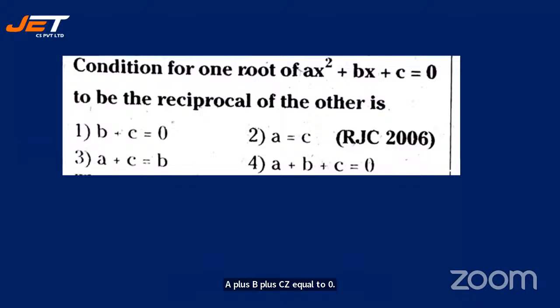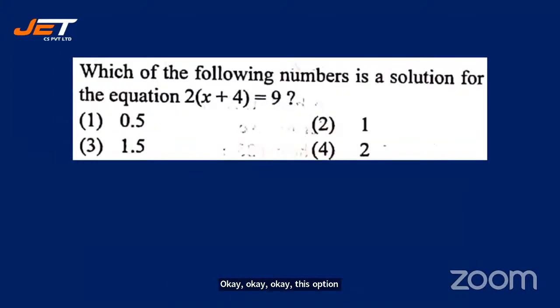Yes, let's see how many are going to give me the right answer. Let's check. All right, many are answering this question. Okay. This is option 2, that is a is equal to c. All right, see the next question.